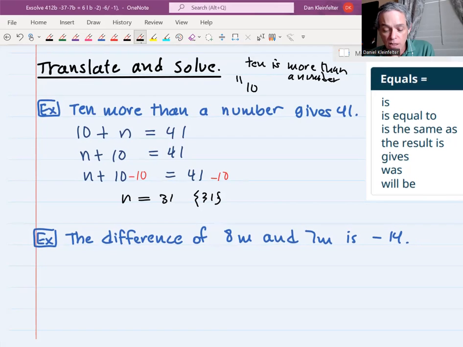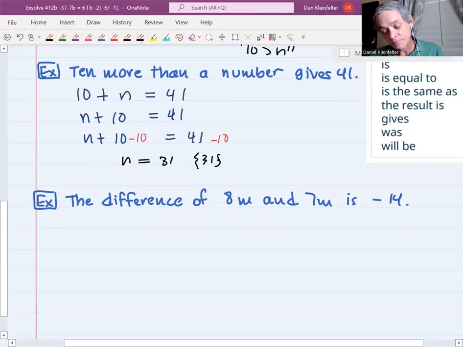And so that's where you would use the greater than sign. 10 is more than, or is greater than, a number. That's an inequality. I know it seems very picky, is the word "is" in there or is it not? But as you know, math is a pretty particular subject. 10 more than translates as 10 plus n. 10 is more than translates involving a greater than sign.